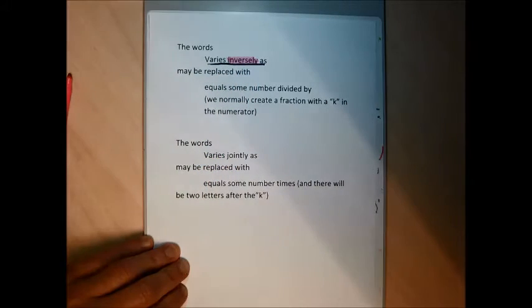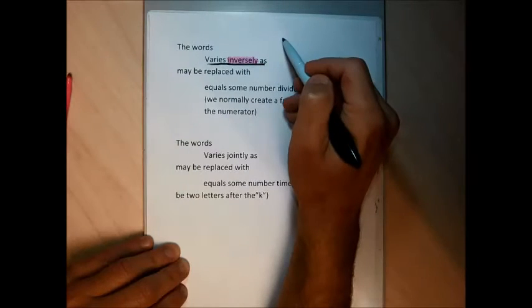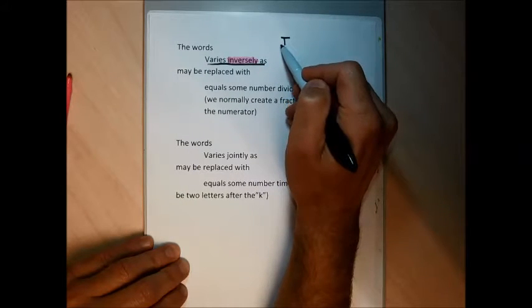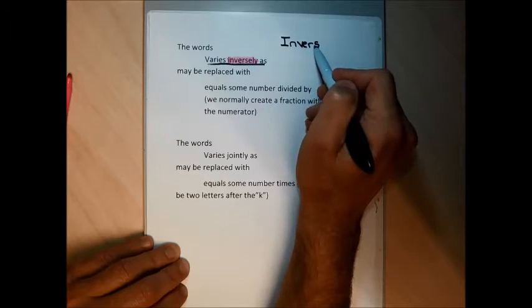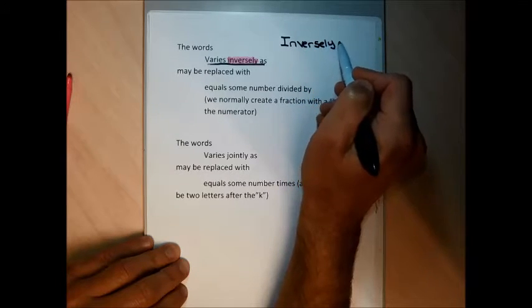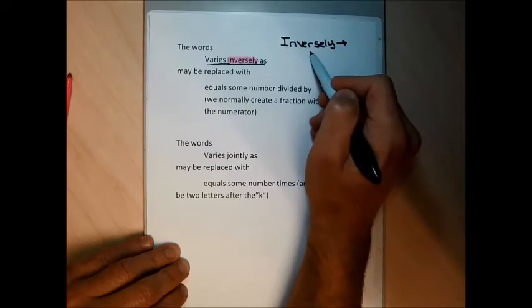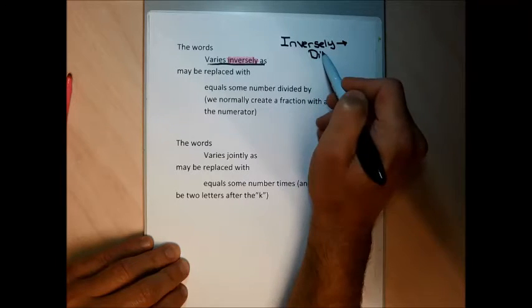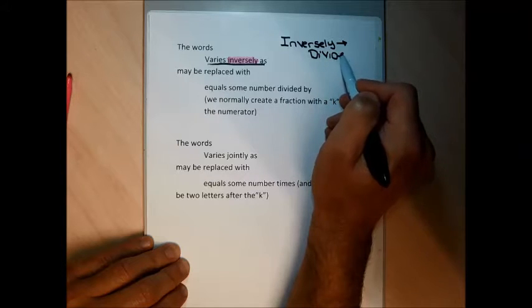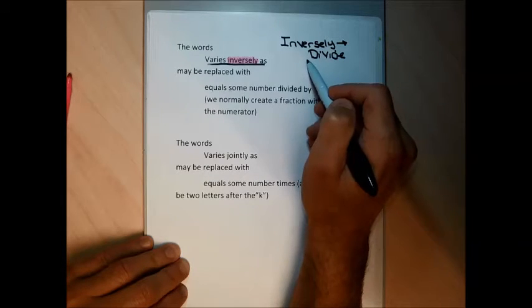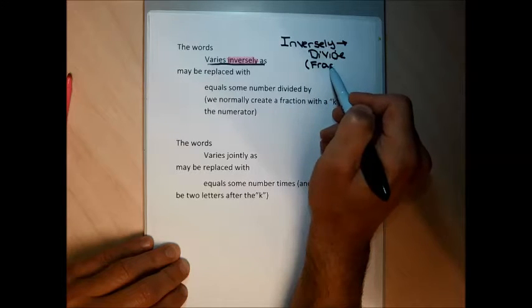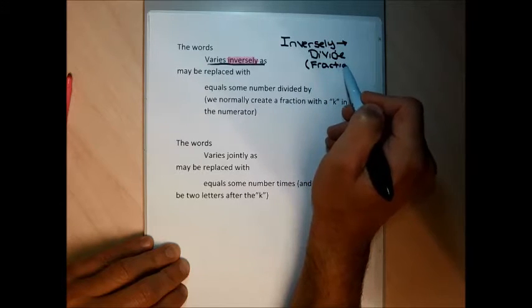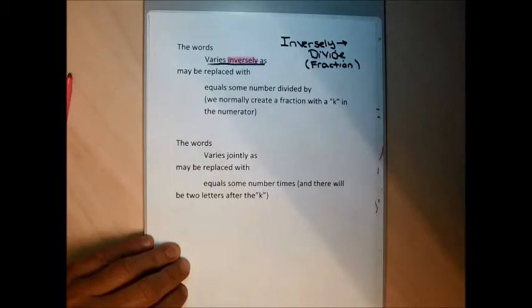In this section we might see the words varies inversely as, and when I see the word inversely in a problem, I don't think multiply, I think divide. And for us, instead of using a division sign, I'm going to form a fraction. So when I think inversely, I think fraction.